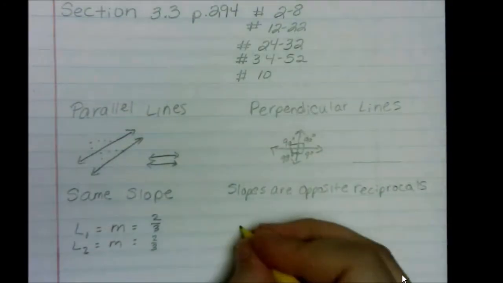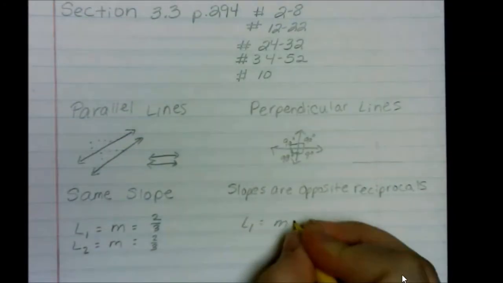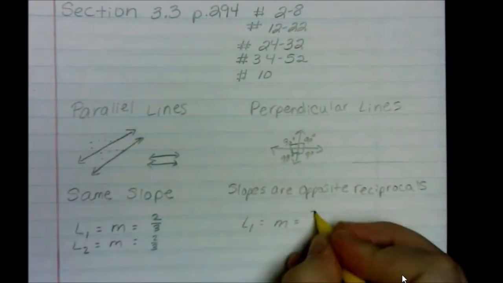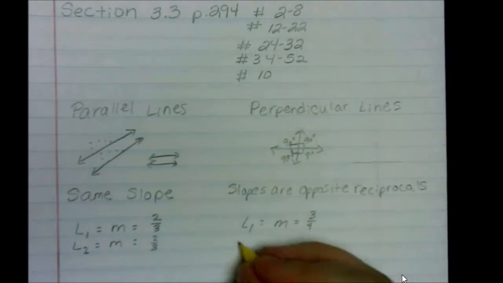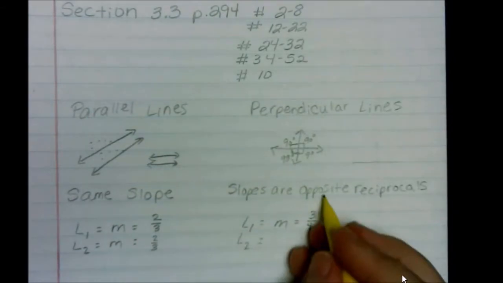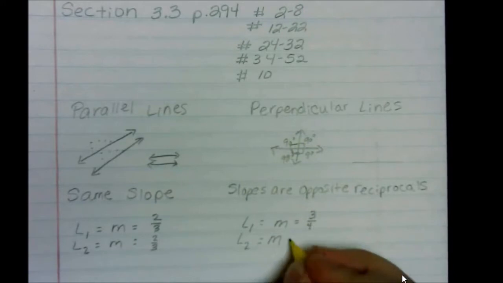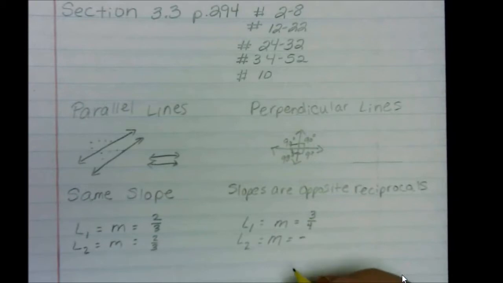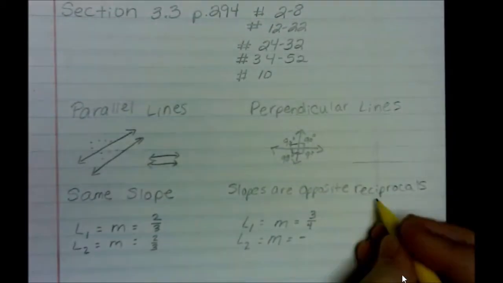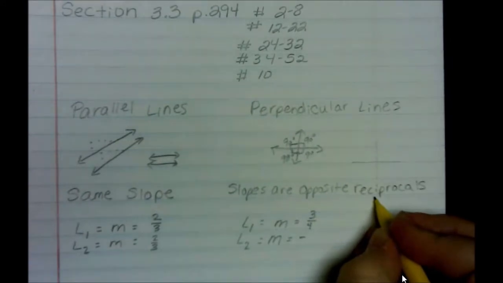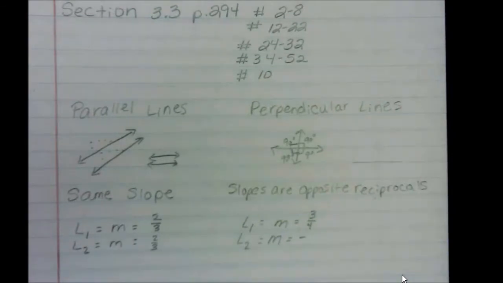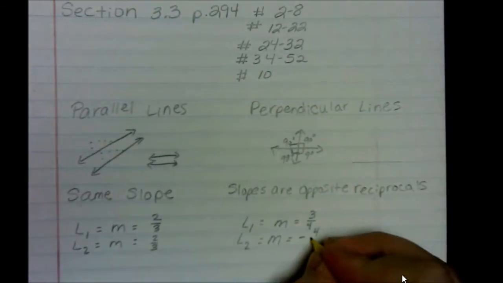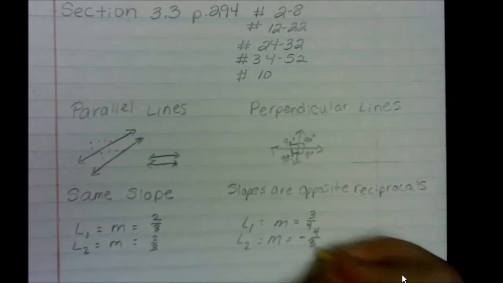So if line 1 has a slope of 3 over 4, then line 2 has to have the opposite. So the opposite of positive 3 over 4 would be negative 3 over 4, okay? And they also have to be reciprocals. Reciprocal means that you're going to actually flip that numerator and denominator. So that would be 4 over 3.